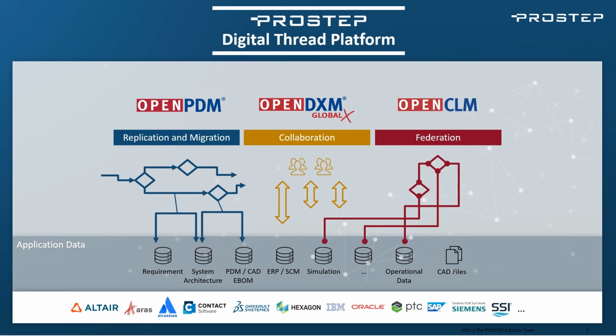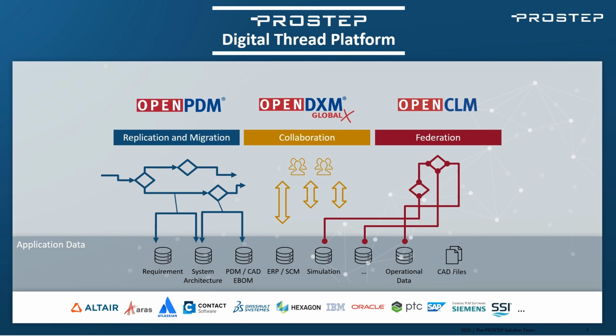With PROSTEP's digital thread platform, we're using the different strategies in order to make your data interoperable internally and also collaborate with your partners. And you see at the bottom of this slide, there's an application data layer. On the left-hand side, we've got replication and migration with OpenPDM.